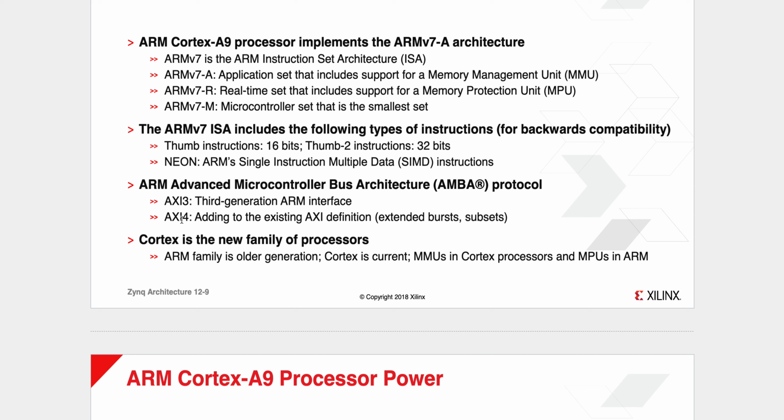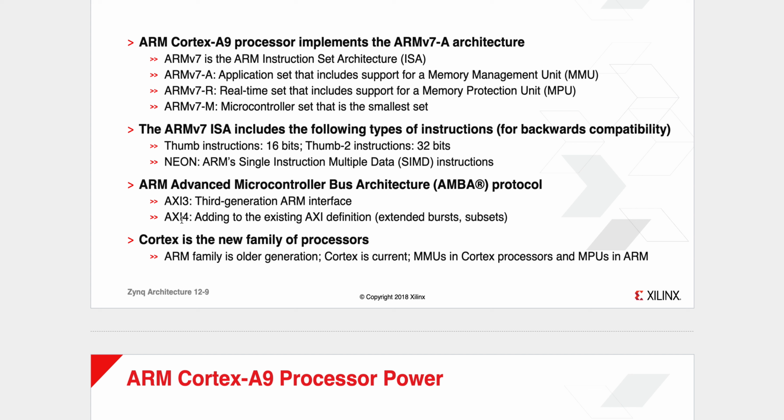The Cortex processors include memory management units for handling virtual memory, enabling modern operating systems, which means that the Cortex, a new family of processors, is different from the old ones.